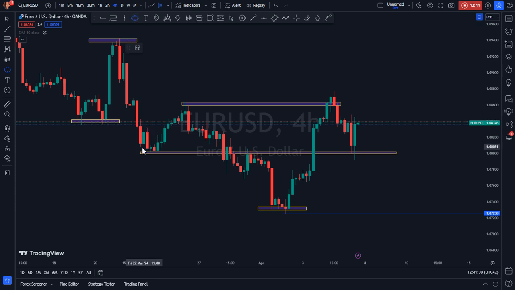But if you can see that this is a shoulder, this one is going to be your head, and this is going to be your shoulder again right here. So we've got shoulder, head, and shoulder in the structure of this impulsive move that we had currently.